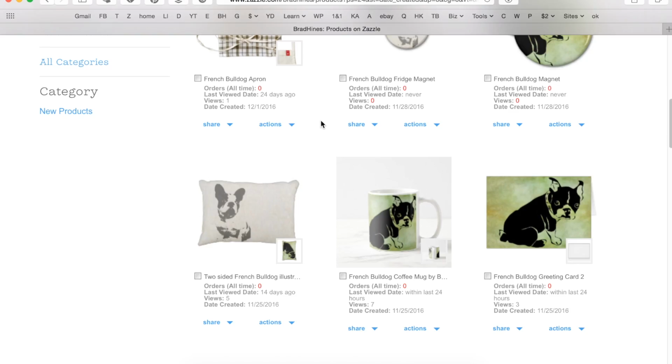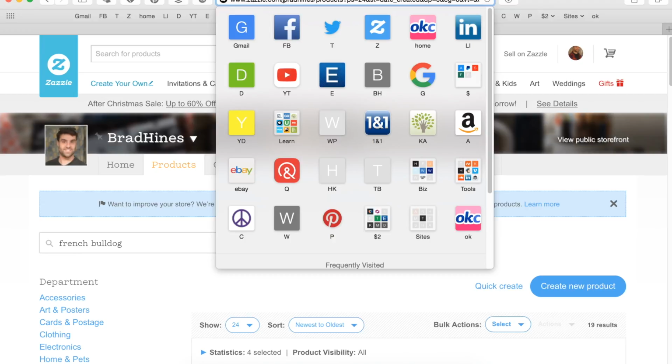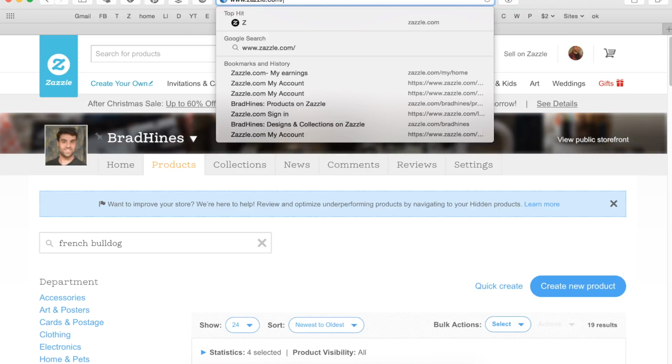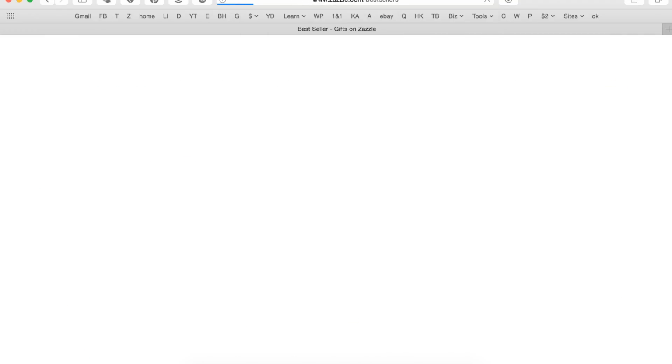So another good tip is to stay on top of the Zazzle market by understanding what's selling on a daily or weekly basis, to both gather trends and then also just to know how good designers on the site, certainly perhaps designers better than myself, are making their products.